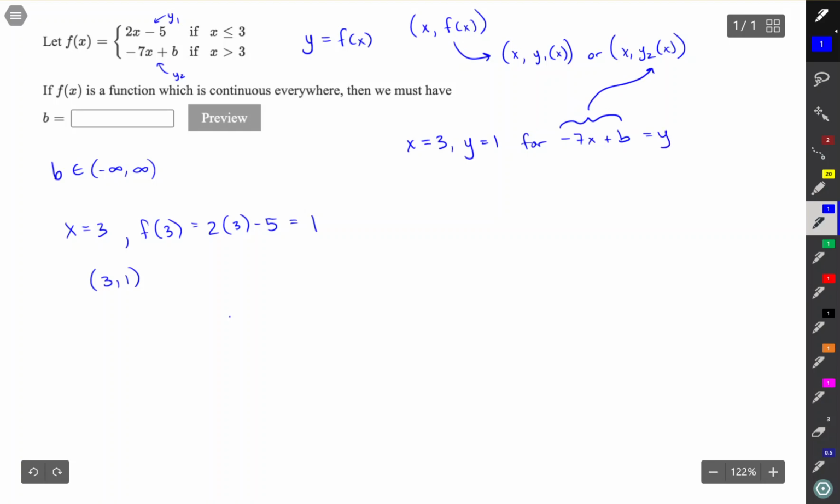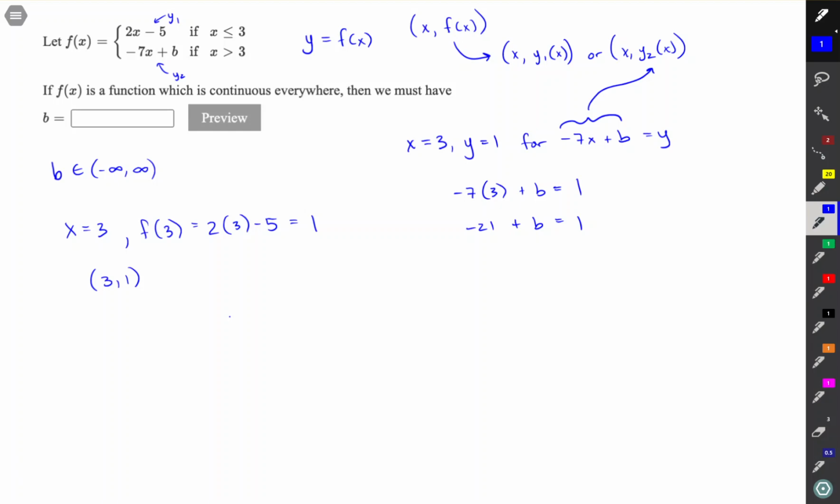So the output of any function is a y value. I have an x and I have a y, 3 and 1. So I'm going to plug those in, say negative 7 times 3 plus b equals 1. So this is negative 21 plus b equals 1.